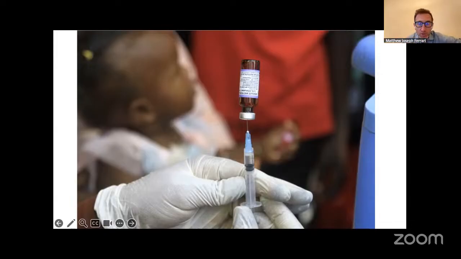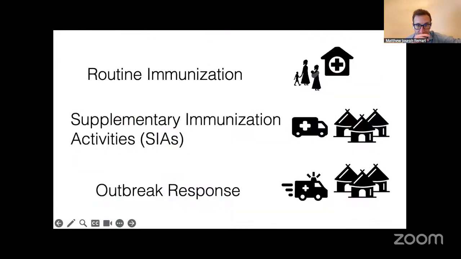That is critical to understanding why measles persists and how we can update, improve, and develop vaccination programs to achieve goals of control and elimination.